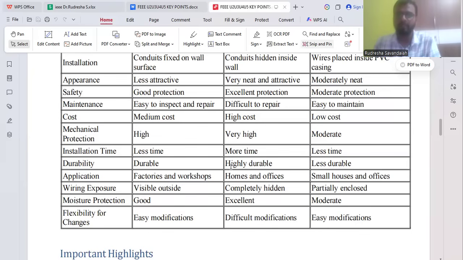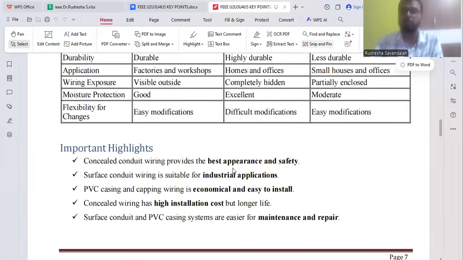Application: factories and workshops, homes and offices, small houses and offices. Wiring exposure: visible outside, completely hidden, partially enclosed. Moisture protection: good, excellent, and moderate. Flexibility for changes: easy modification, difficult modification, and easy modification.